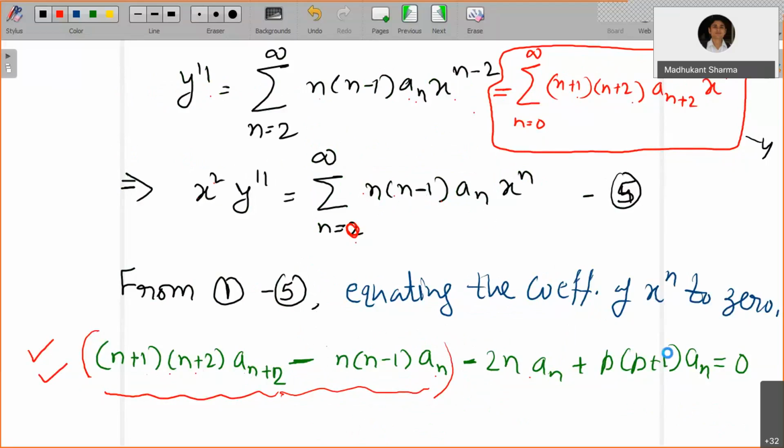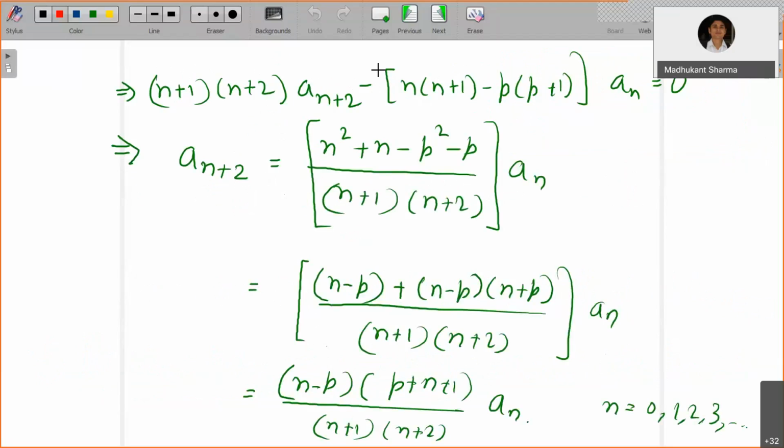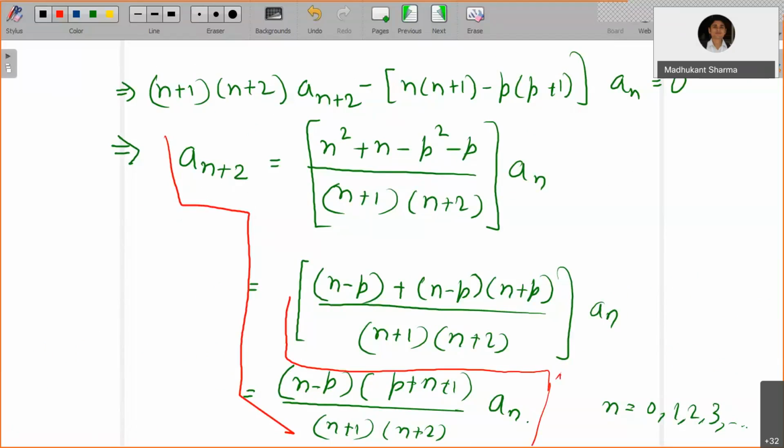Simplify everything and rewrite it in simplified form, and what you will get is an plus 2 equals this. This will be the final: an plus 2 equals this, for n equals 0, 1, 2, 3, 4 and so on.